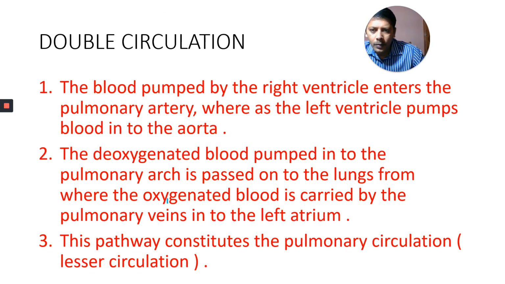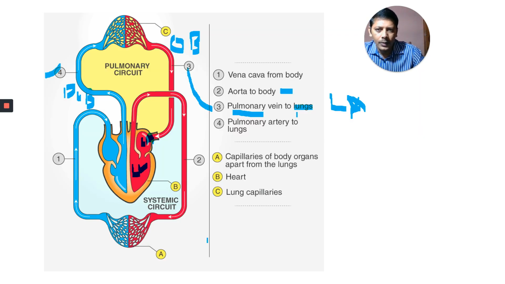See here, they are passed to the lungs and next carried by the pulmonary veins to the left atrium. This pathway constitutes the pulmonary circulation.